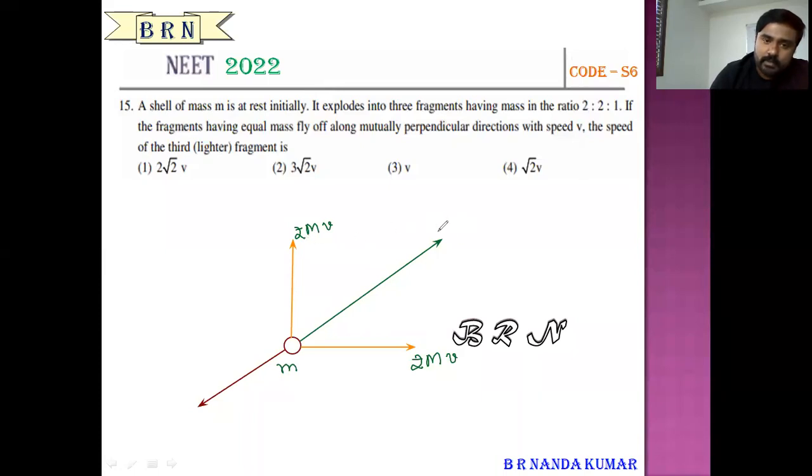So its value is root of (2mv) squared plus (2mv) squared, which is root 2 times 2mv.